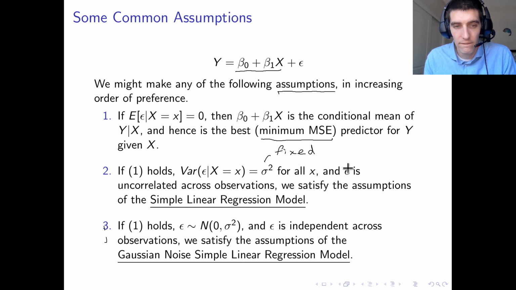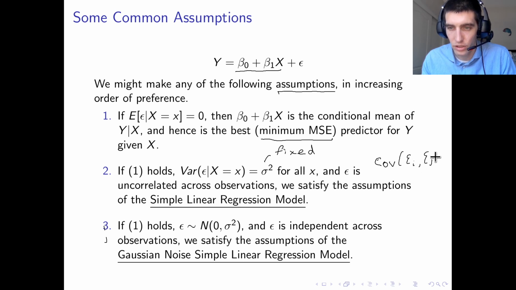And there's a second point here, in that epsilon is uncorrelated across observations. That is, the covariance of epsilon i, epsilon j equals 0 for i not equal to j.